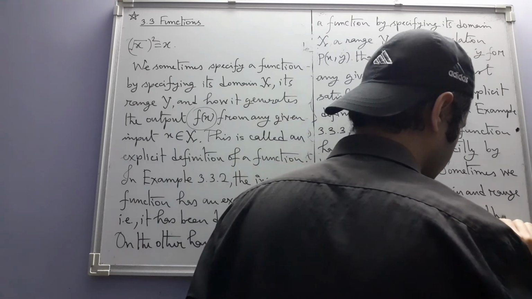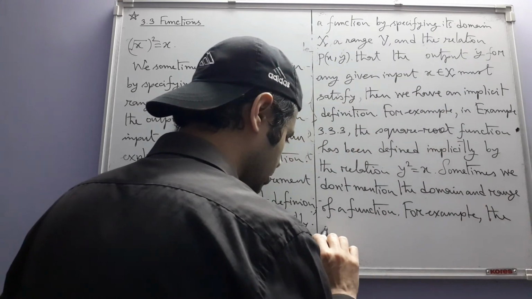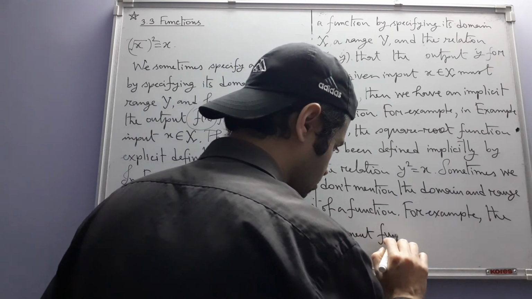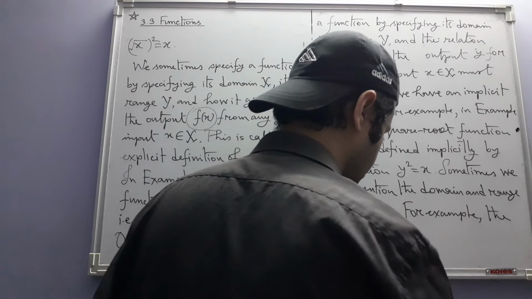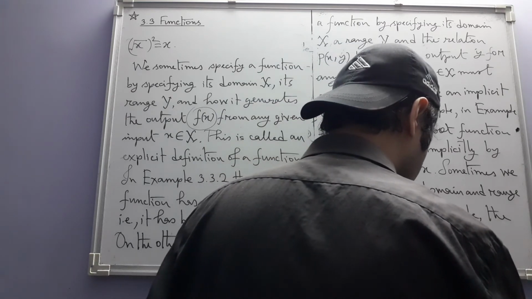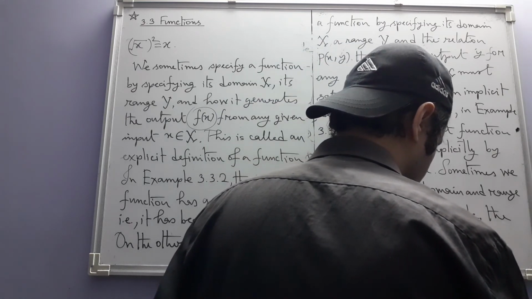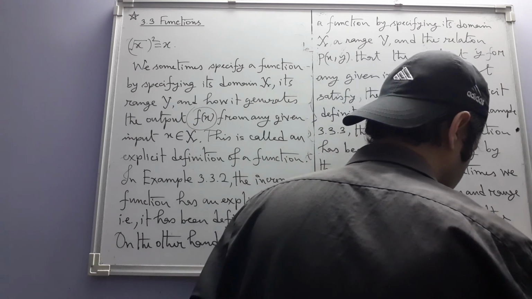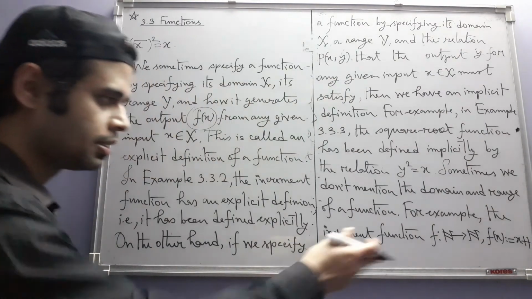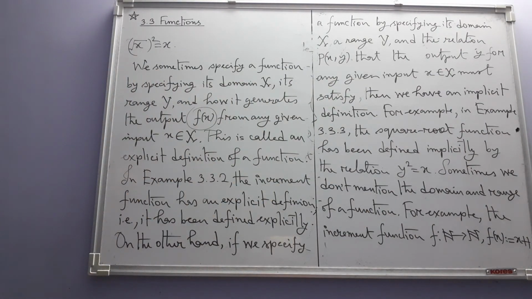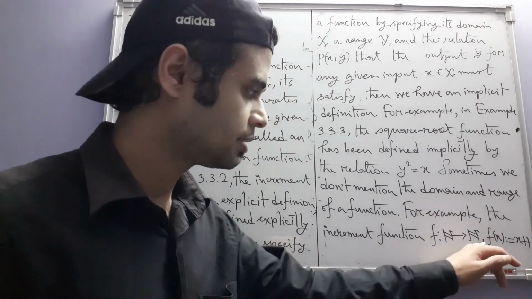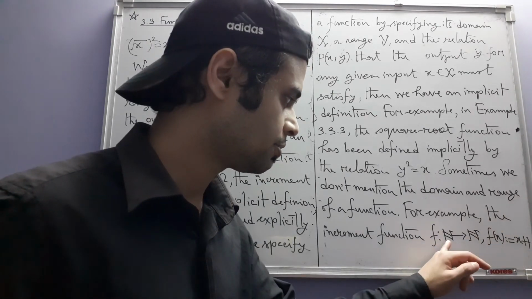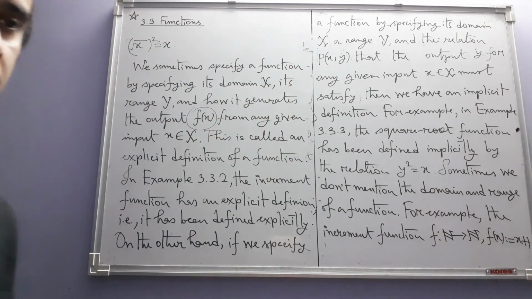For example, the increment function: this is the full specification of the increment function, right? Where the definition is explicit, we are saying how f(x) is being generated from x. Also, we are specifying the domain and the range.